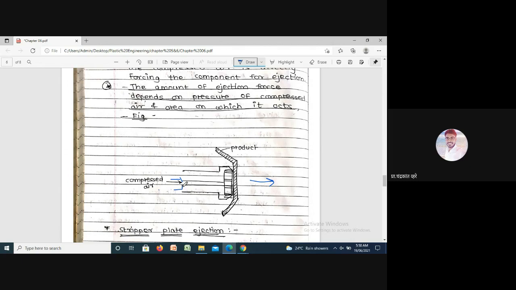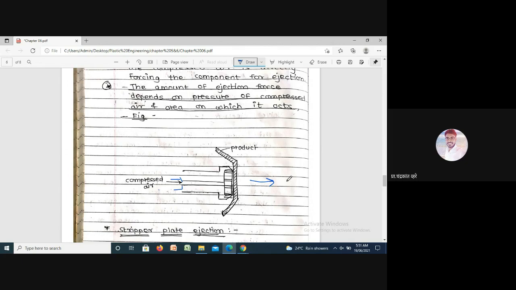Here also, there is a relation between force, pressure, and area. So by using these three parameters, here also we can maintain the force. Such things should not happen, where the part is forced at maximum speed towards the upside and gets damaged.